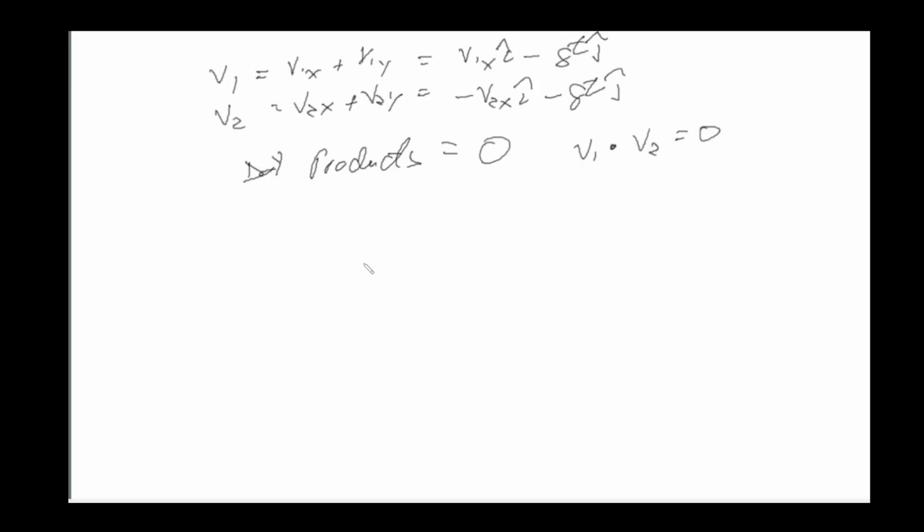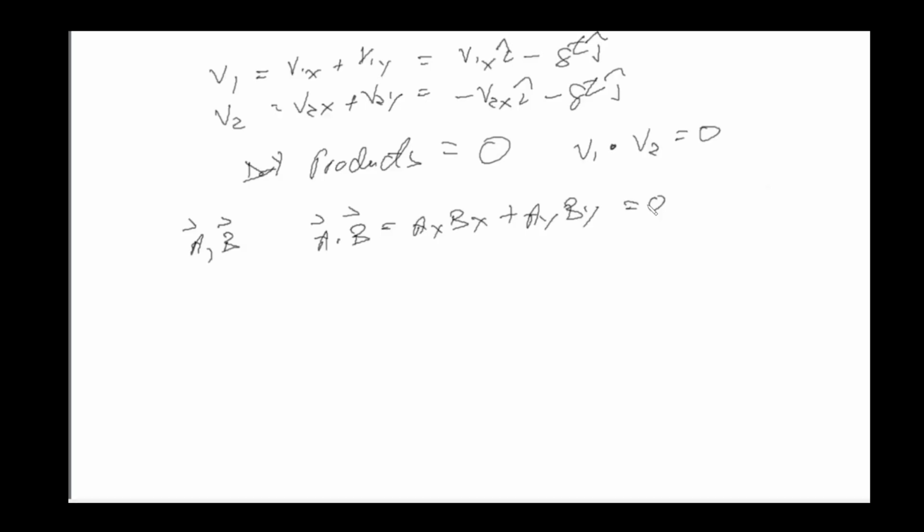So let's go over dot products of vectors. If you have two vectors a and b, the dot product of these two vectors is equal to ax times bx plus ay times by, and that equals 0 when they're perpendicular.